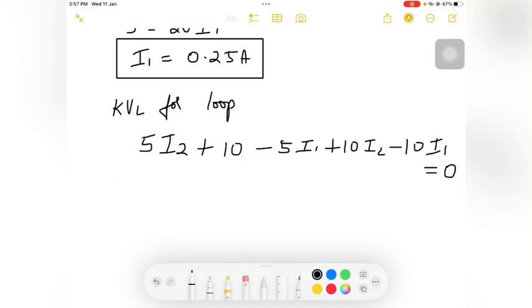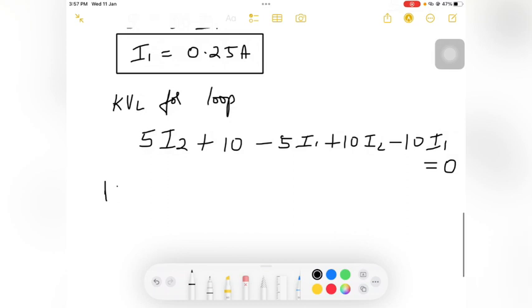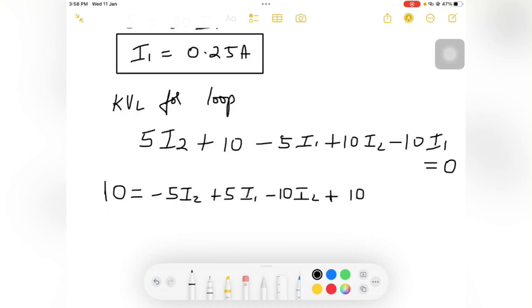So I will equate this equation with respect to 10. 10 is equal to, I will take the left out terms to the RHS side. It will be minus 5 I2 plus 5 I1 minus 10 I2 plus 10 I1.